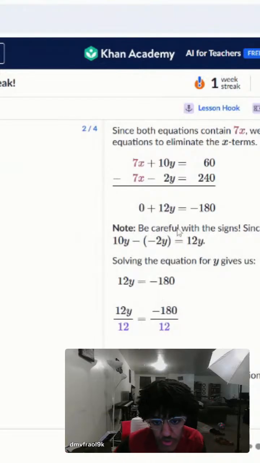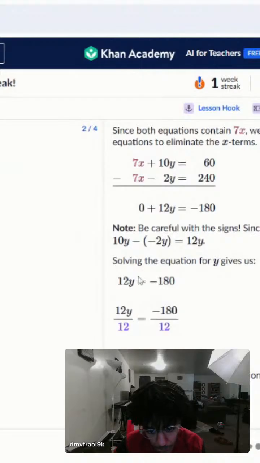What? Okay, we're doing 0, okay, then you get. Okay. And then you do. Okay, then you get 12, minus 18, and then you subtract 18 from both sides.